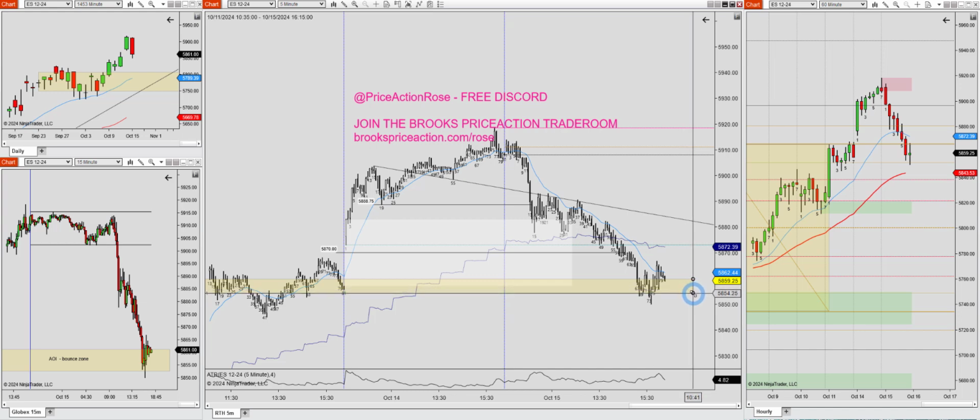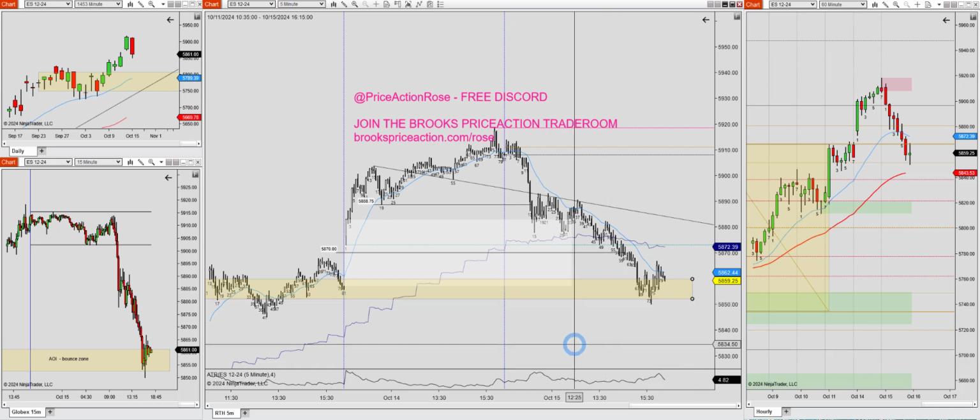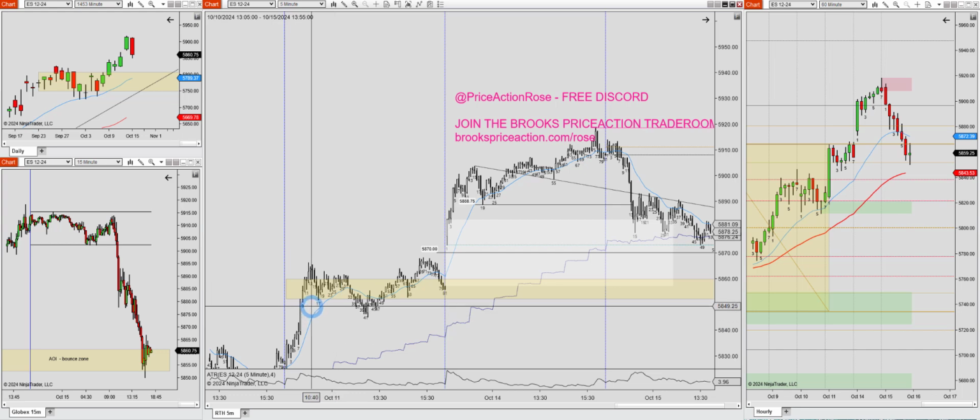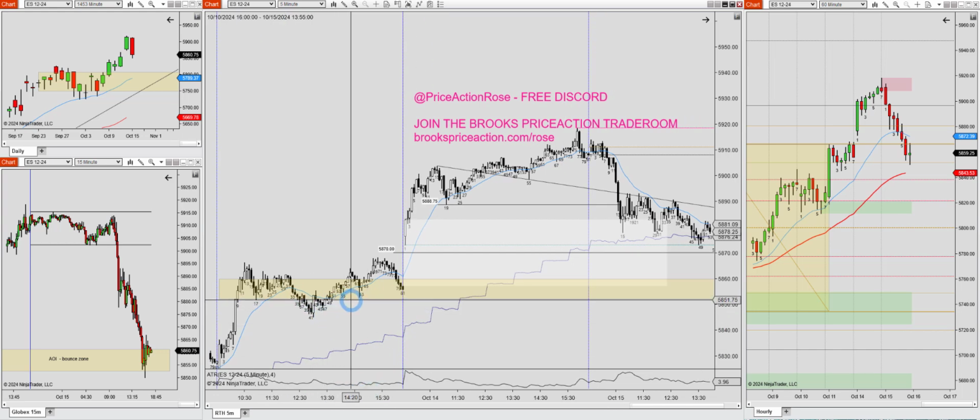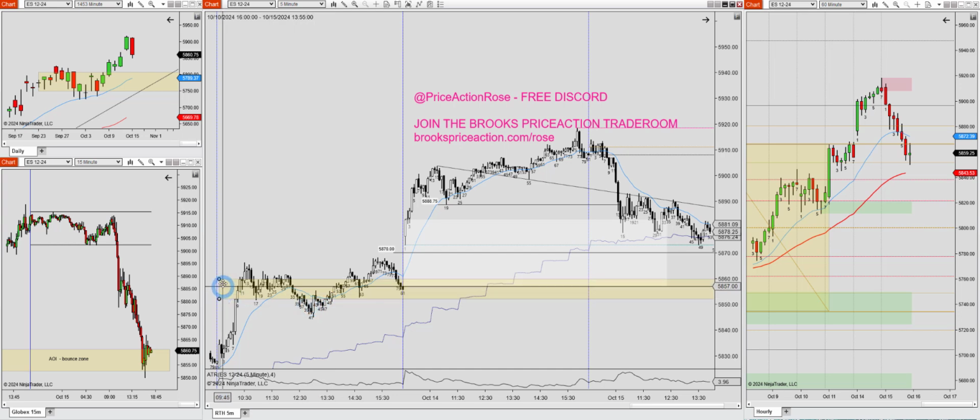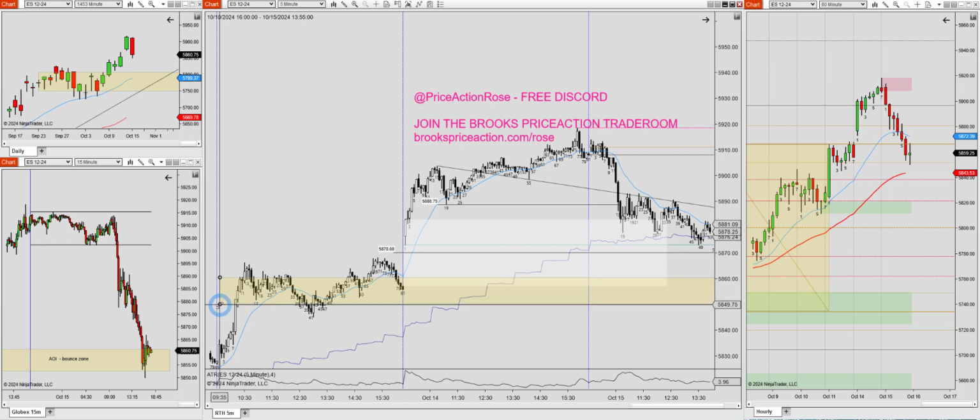Just about there, maybe, yeah, right here. So I'm going to use this area. Well, it's not all that, there's a little bit of gap there, but let's see. Gonna take that. Yeah, take this right here.